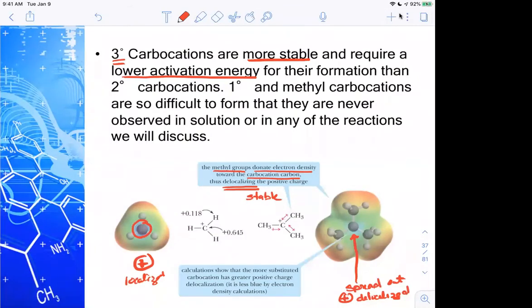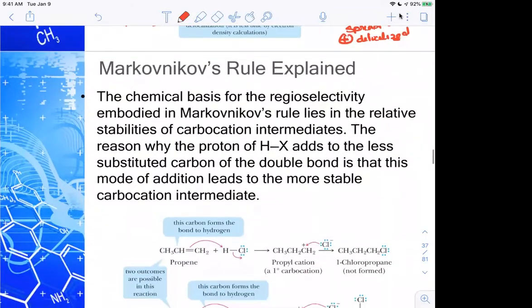They donate electrons to this positive charge. This is how we designate that, where those are donating electrons, which stabilizes the positive charge. This is much more stable than this, because of the stabilization. This is very unstable because of that localization.